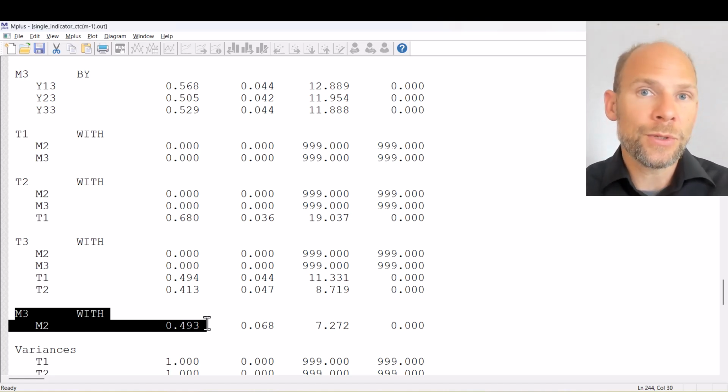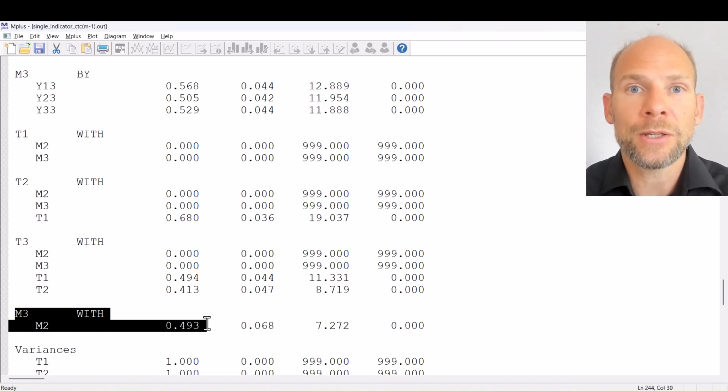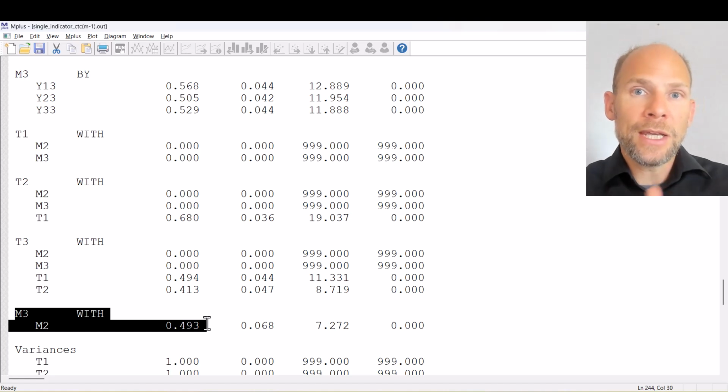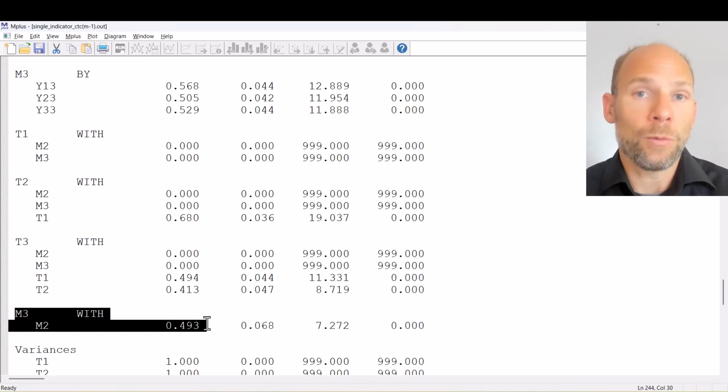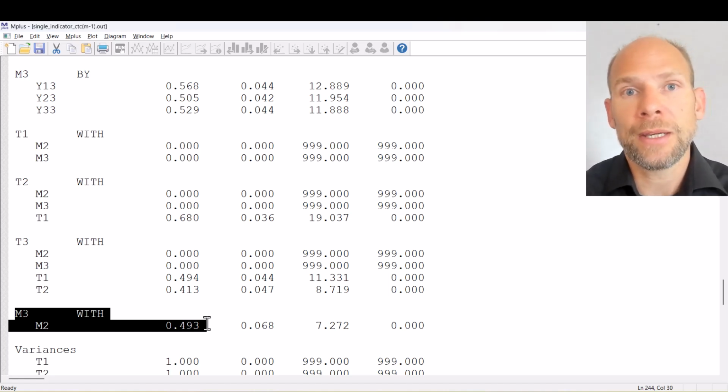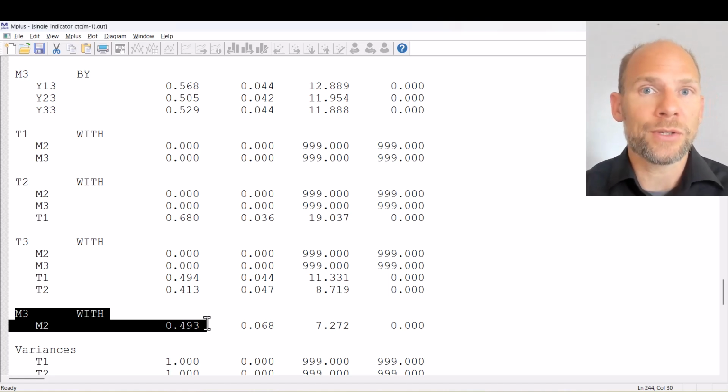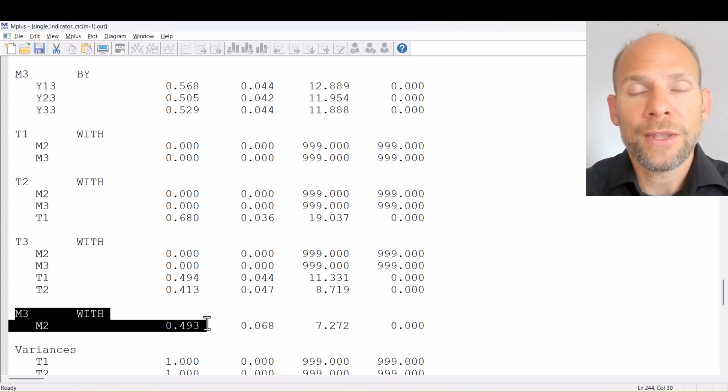And so if those 2 method factors correlate, then this shows that their unique perspective is shared with one another. So parents and peers share a common view that is not shared with the self-reports.